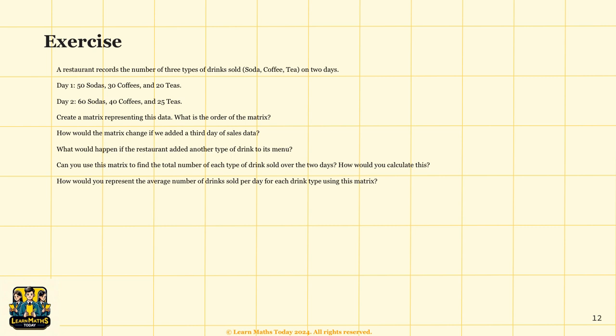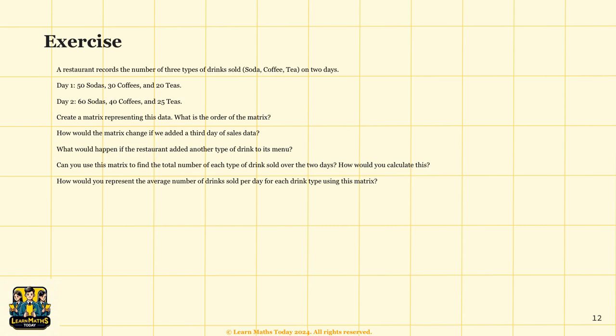And usually they will list down the elements of the matrix in a form that is easy for you to convert it to a matrix form. For example, you can see that they have specified day 1, 50 sodas, 30 coffee, and 20 teas, and day 2, 60 sodas, 40 coffee, and 25 tea.